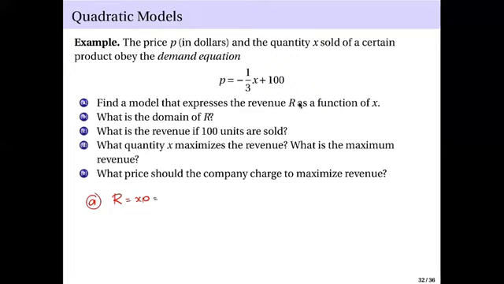So you have X, and your P here is negative 1/3 X plus 100. Or we can distribute the X. We will have negative 1/3 X squared plus 100 X. So this is your revenue function.